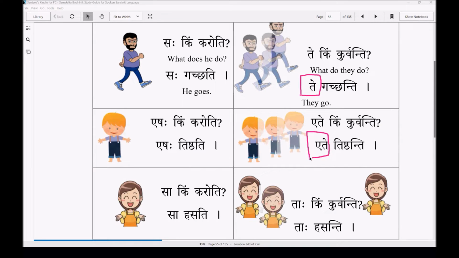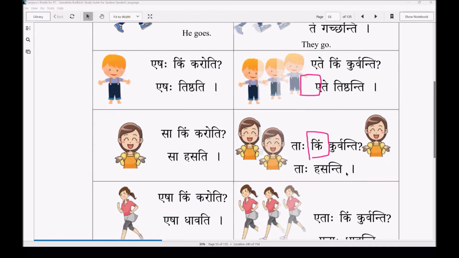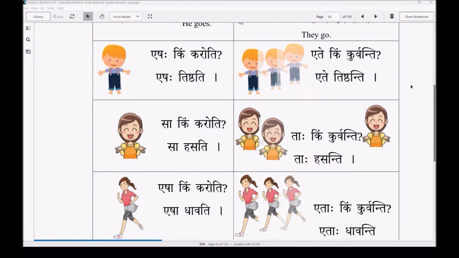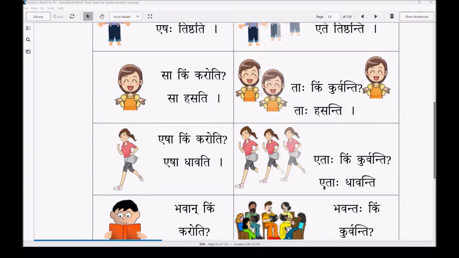Te or ete, these two are pullinga. They or these. In pullinga, masculine, it is te or ete. And then in Strilinga we have taah for they, if it is female, and etaah, bahuvachana, strilinga.